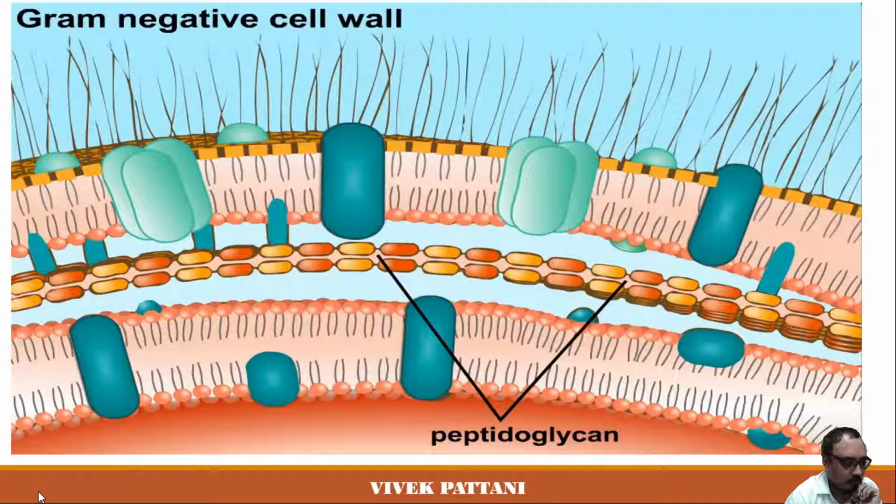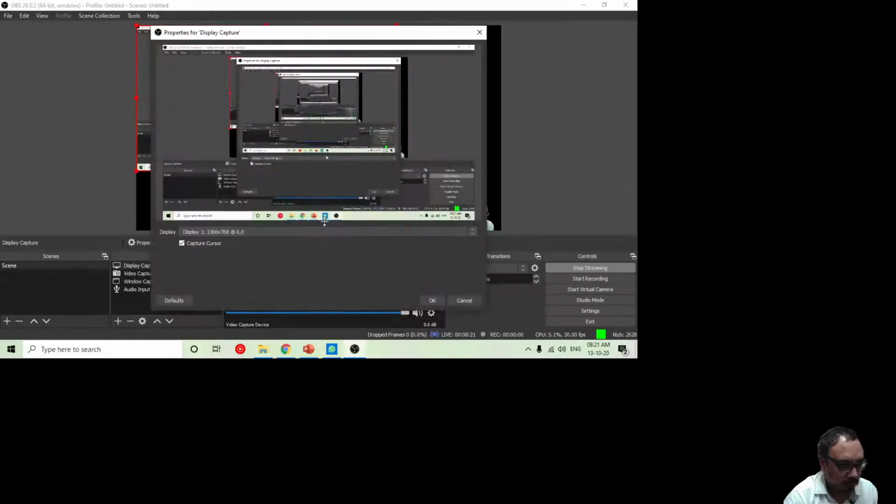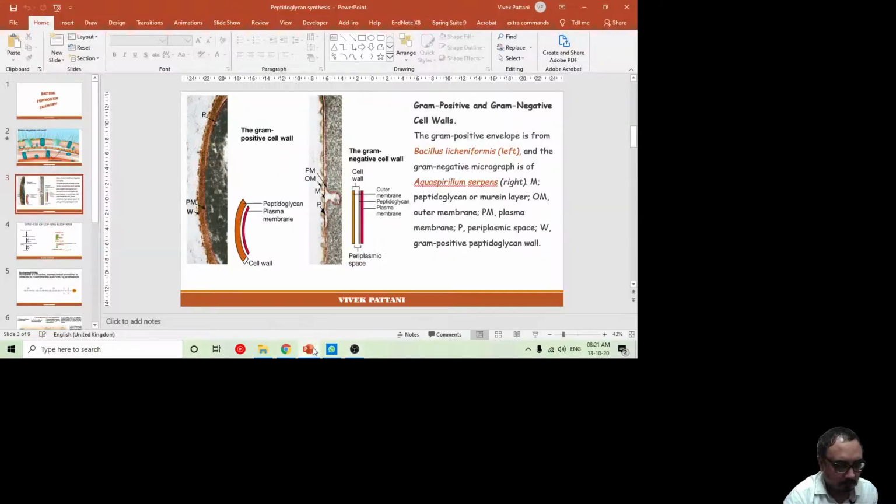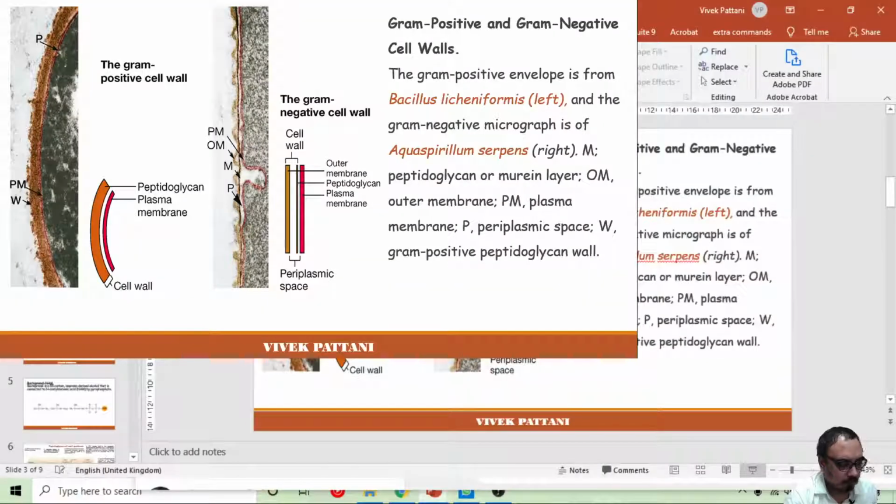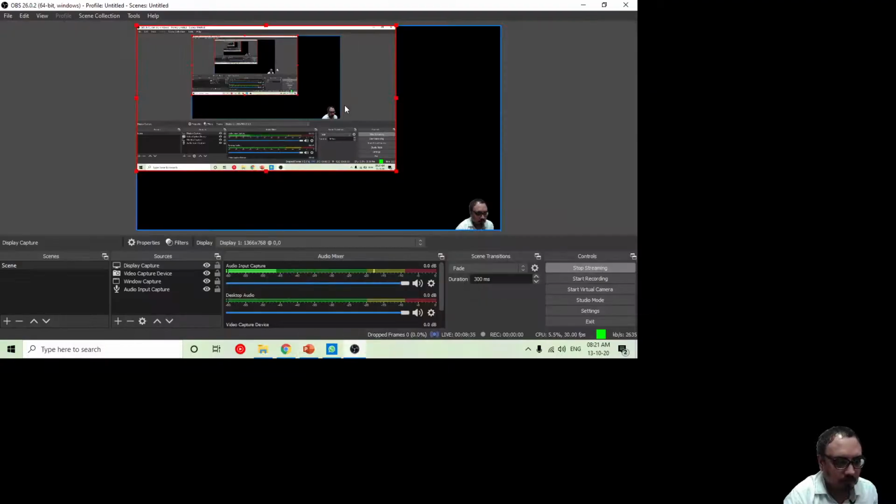Okay, now moving forward with the gram-positive and gram-negative cell walls. Okay, the gram-positive and gram-negative cell walls, how they actually work.